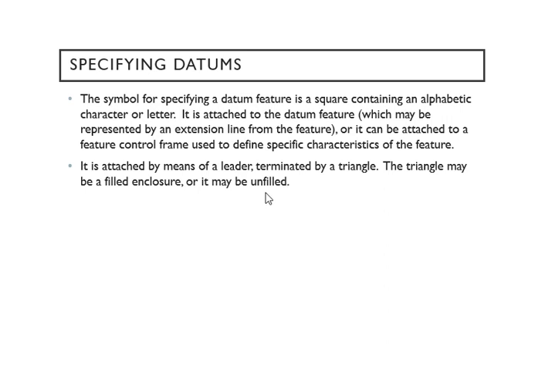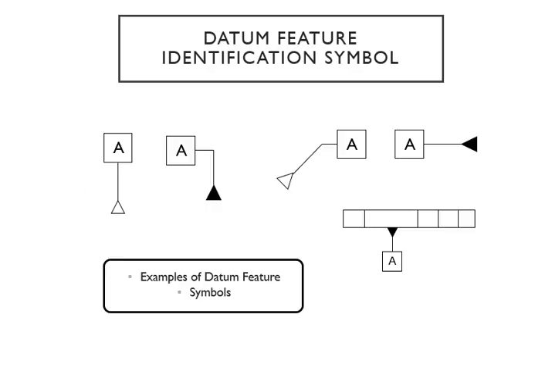How are we going to attach it? We're going to use a leader in your drawing and terminate it with a little stand, which is your triangle, and the triangle has to be filled. You can also leave it unfilled. These are just drawing aspects.